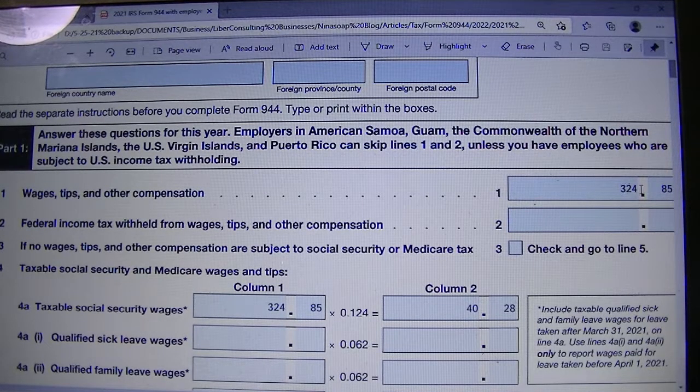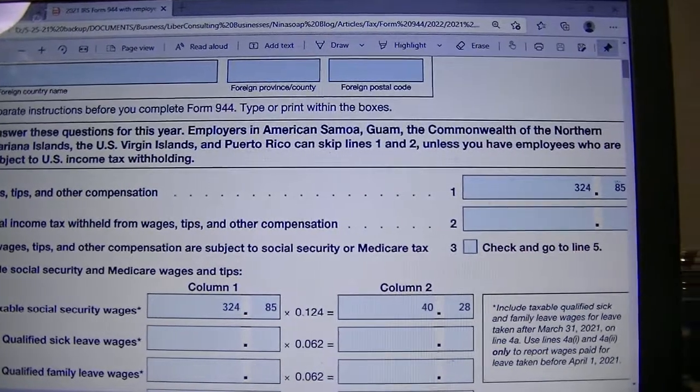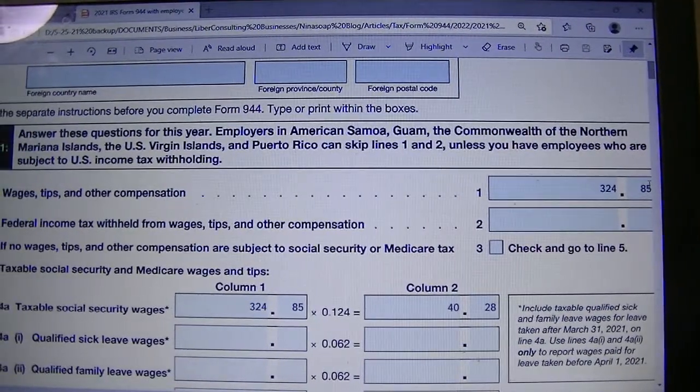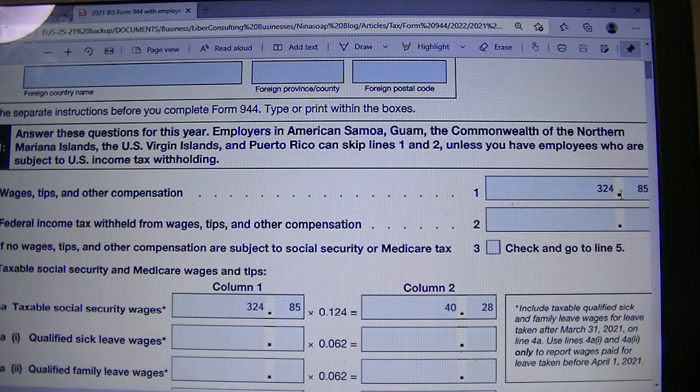You will write the whole dollar portion, and then you'll put the cents portion as well. If the cents portion is 00, you'll put 00. They already have the point there. You do not use a dollar sign, you do not put a point, you just put the dollar amount, and then you put the cents amount. So that's the total wages.